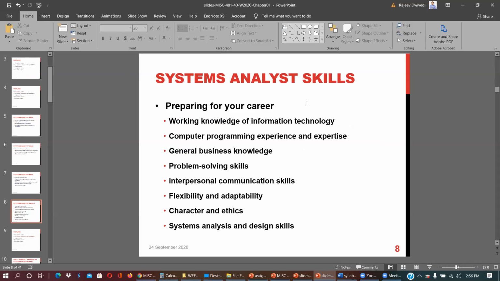Skills. So basically, these are the working knowledge of IT, what is happening, what is the trend, what are the skills. If I remember correctly, I started learning my IT skills with HTML.